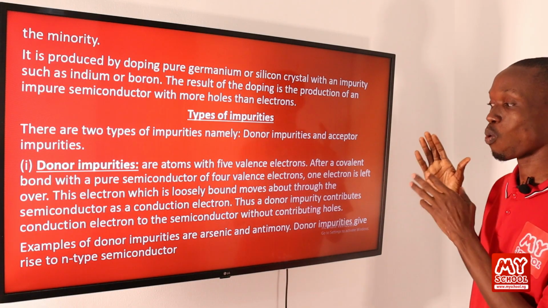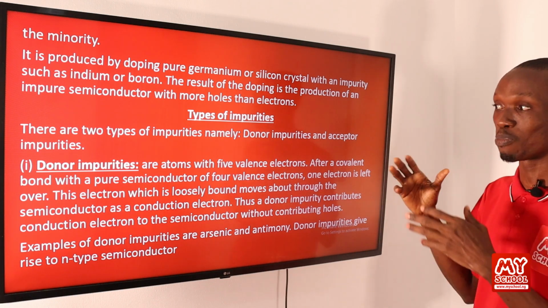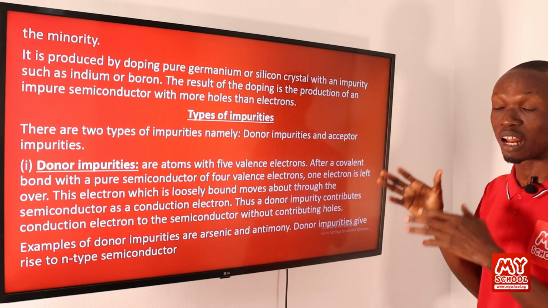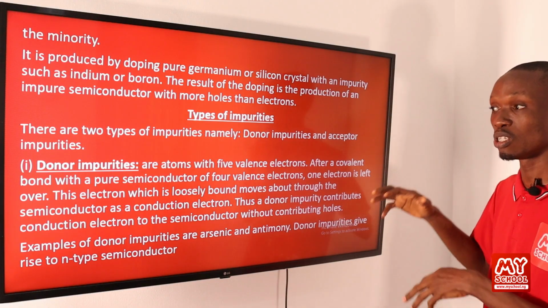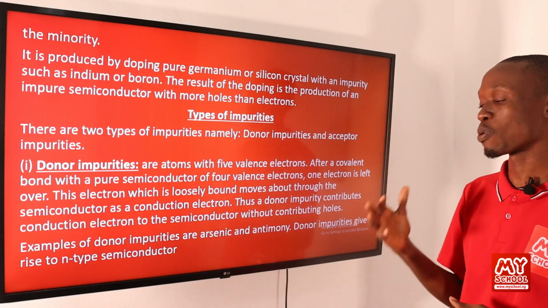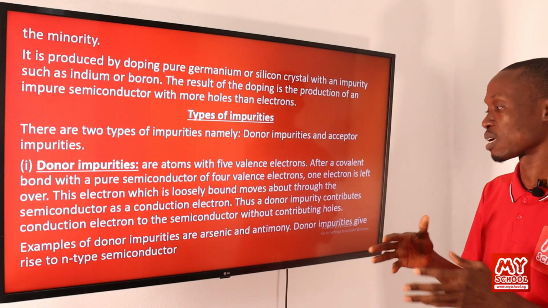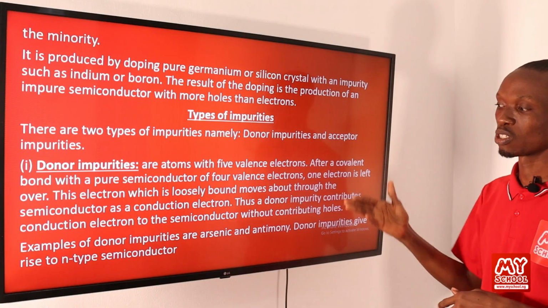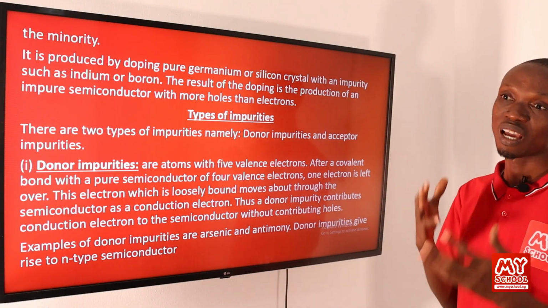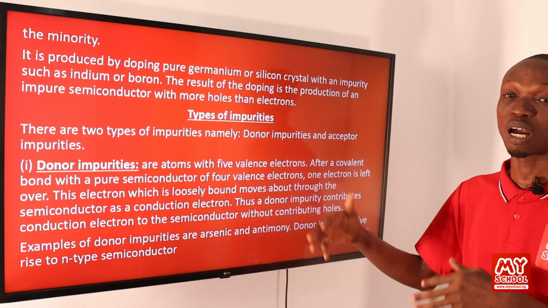So this is also worth taking note of. The donor impurities only contribute electrons, okay, without contributing holes, right? Examples of donor impurities are arsenic and antimony, okay? Take note that these elements have 5 electrons on their atomic shell.